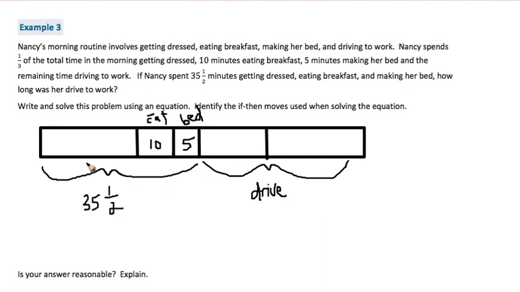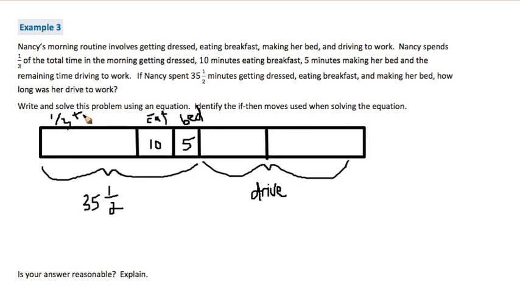Now don't be misled by the fact that your diagram perhaps looks like it's half or something, some other fraction, because you drew the diagram. So there's no guarantees of anything. We do, however, know, first of all, that this getting dressed part is 1/3 of the total.